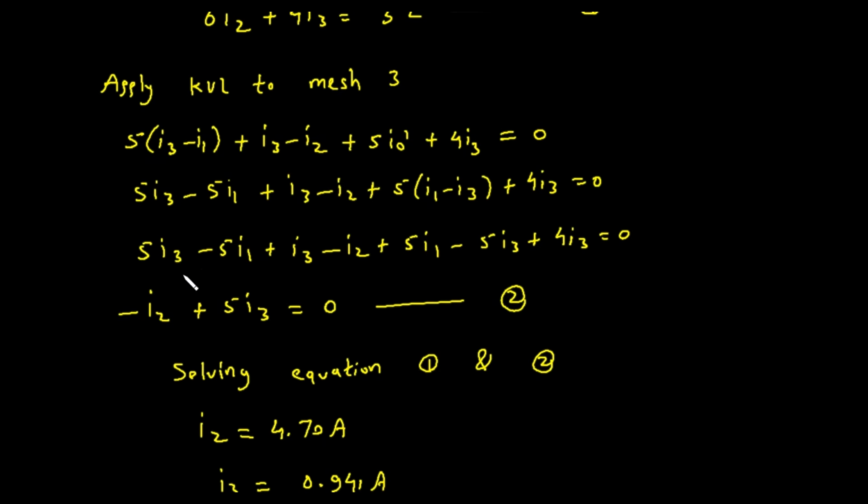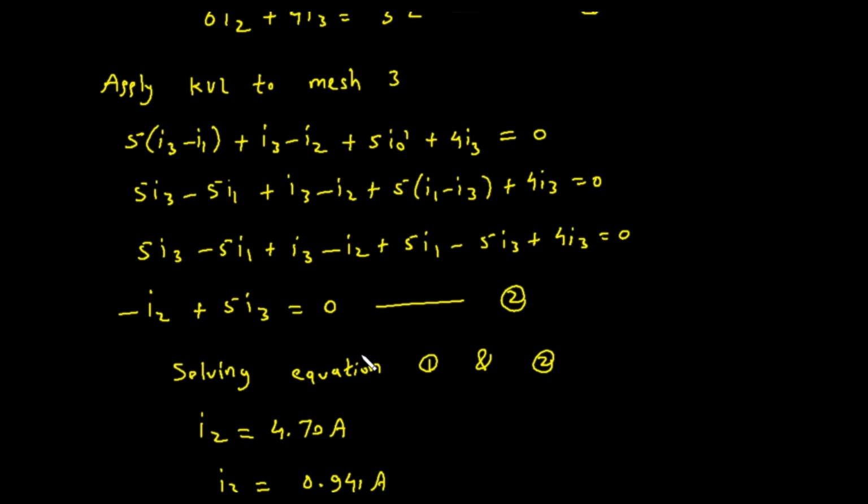The negative 5 I sub 1 and positive 5 I sub 1 cancel out. The positive 5 I sub 3 and negative 5 I sub 3 also cancel out. We are left with I sub 3 minus I sub 2 plus 4 I sub 3 equals 0. Combining the I sub 3 terms gives negative I sub 2 plus 5 I sub 3 equals 0. Let's call this equation 2.